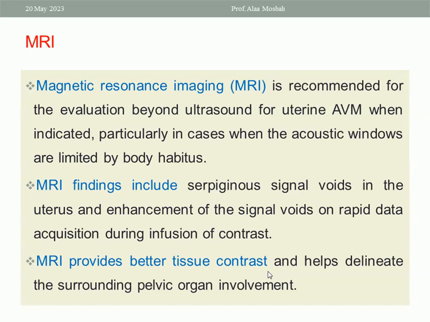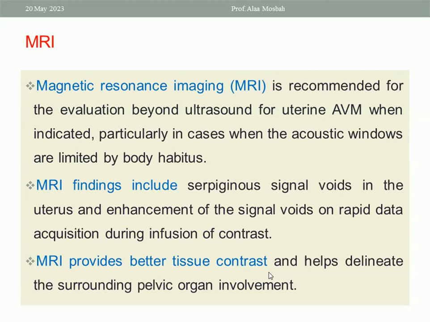go on to confirm with MRI. MRI can give benefit in diagnosis of uterine arteriovenous malformation, and it is recommended for evaluation beyond ultrasound when indicated, particularly in cases when acoustic windows are limited by body habitus.